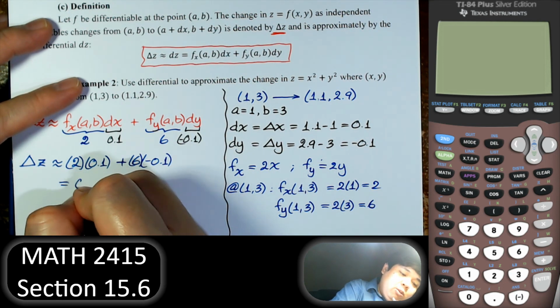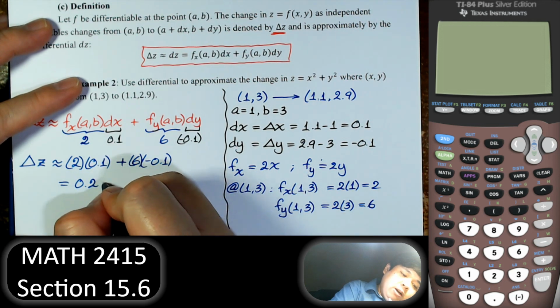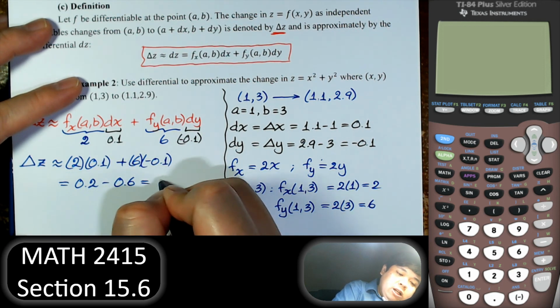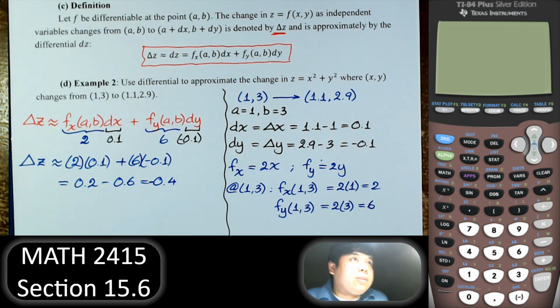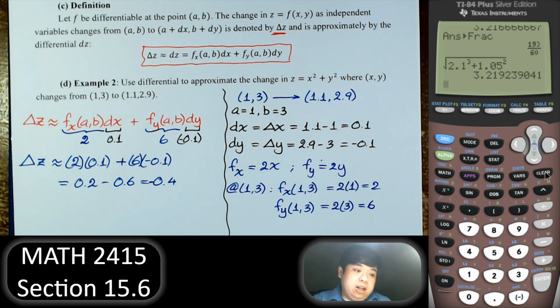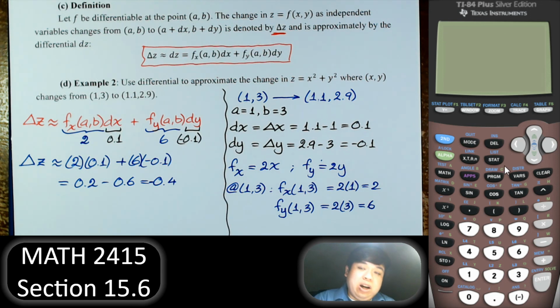So we have 0.2 minus 0.6, which is negative 0.4. Right, so let's see how good the approximation is. Originally we have 1 and 3, so 1 squared plus 3 squared.